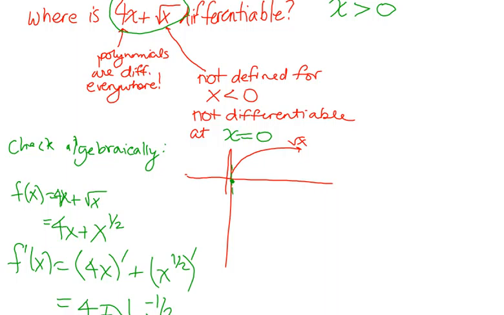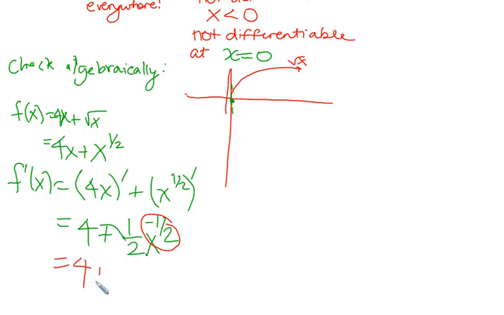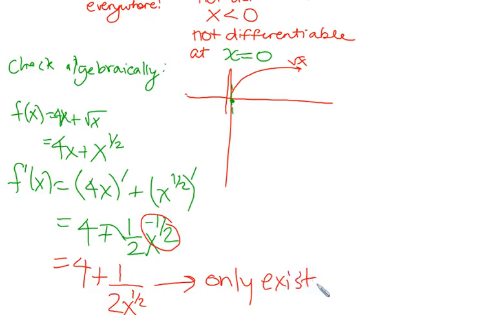So what do we see as a problem? This negative 1/2 right here. That negative 1/2 means that we really have an x in a denominator. So immediately we should look at this and say, this function only exists for x greater than 0.